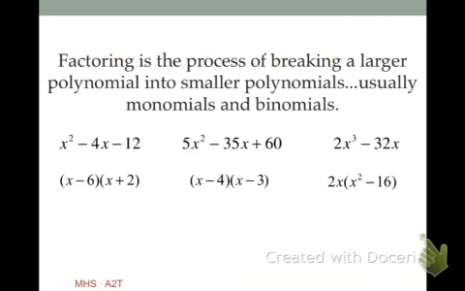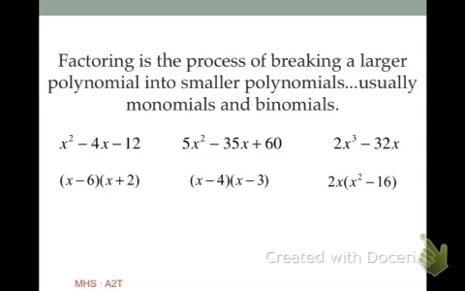So if we look at these three, we can factor each of them separately. So we get x squared minus 4x minus 12. That can separate if we factor, and we'll talk you through with some examples how to do that. Negative 6 and 2 will multiply to give you negative 12 and add to give you negative 4.